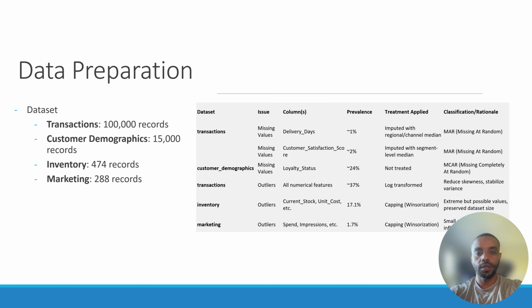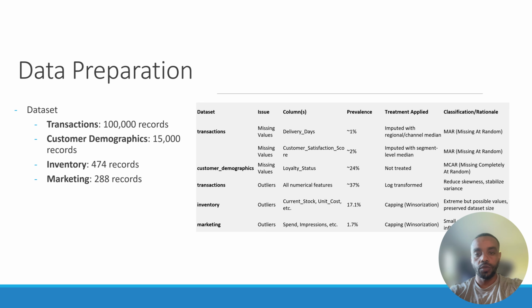The dataset consists of four core datasets: transactions, customer demographics, inventory, and marketing. We treated missing data for transaction, delivery days, and customer satisfaction score by imputing with regional or segment level median. For missing loyalty status and customer demographics, we chose not to treat because it's classified as missing completely at random.